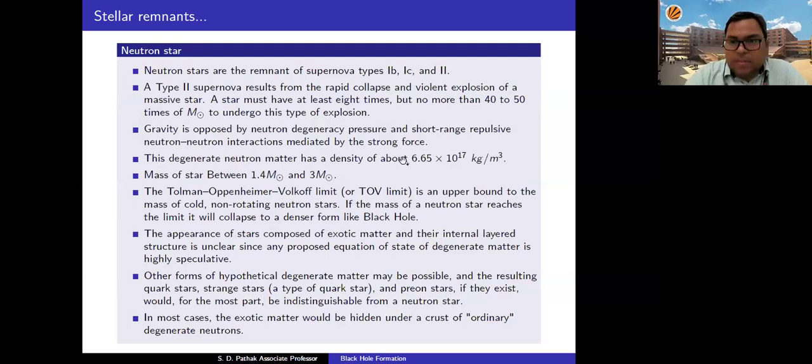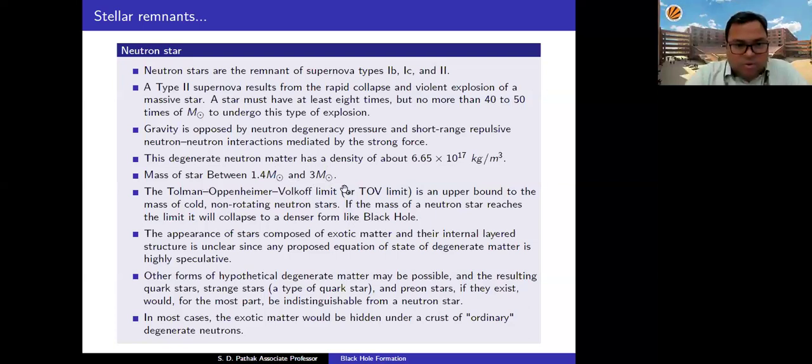So remember this density: the density of a neutron star comes up to the order of 10 to the power 17 kg per cubic meter. Of course, it is a very high density. The mass lies from 1.4 to 3 times the mass of the sun; below that, the star is converted into a white dwarf, otherwise it will be converted into a neutron star.